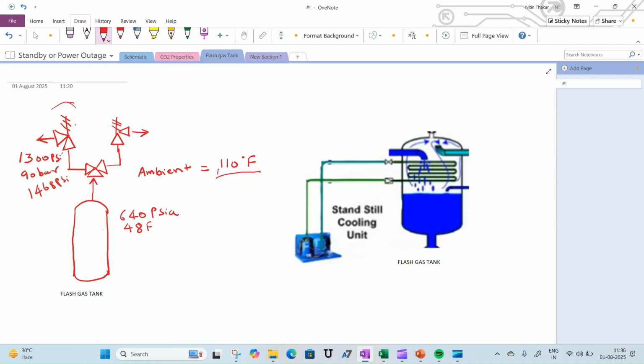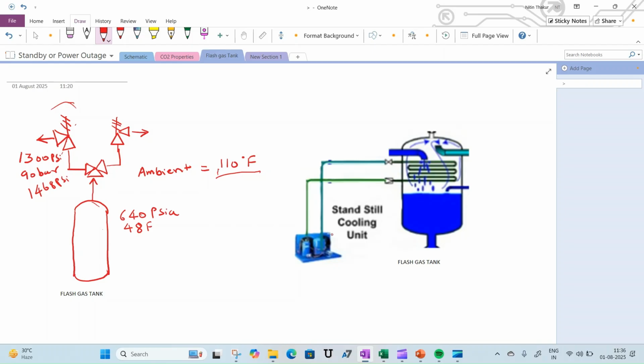But if this relief valve pops open, we will release the CO2 gas into the atmosphere. And when we are ready to start again, we might have to fill it up again with CO2 gas. So what do we do in the design to eliminate this condition of refilling the CO2 gas into the refrigerant circuit?